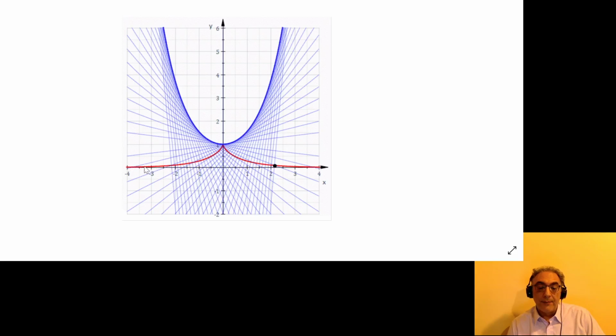This curve, as you see on our screen, has as tangents the normals of the catenary, and as normals it has the tangents of the catenary. So the role of tangent and normal is inverted as we go from the catenary to the tractrix. This is the geometric inversion.